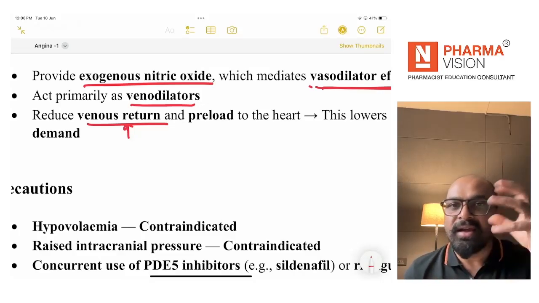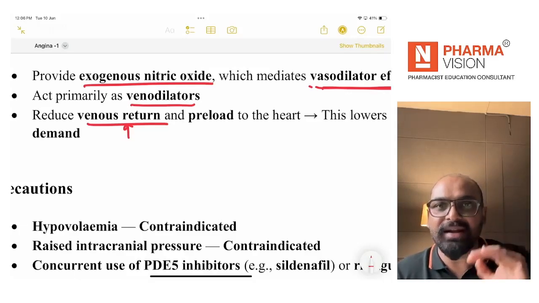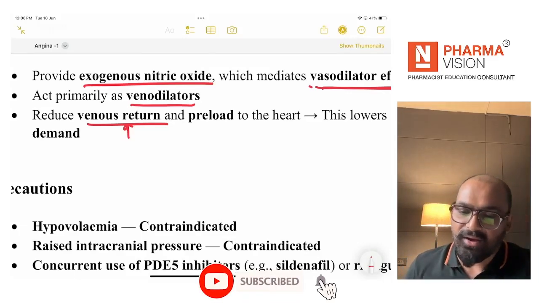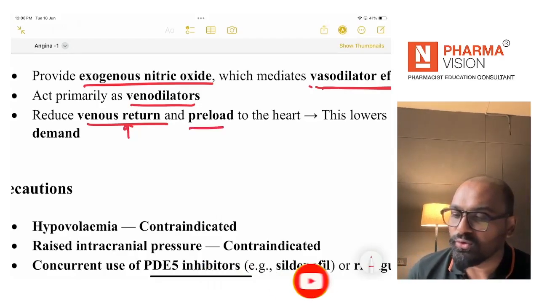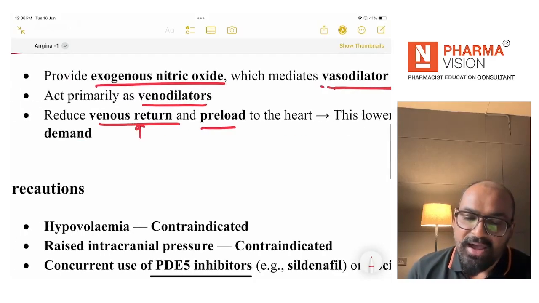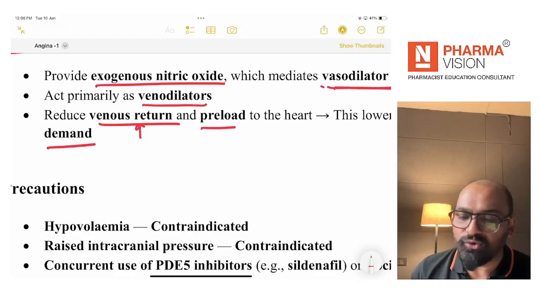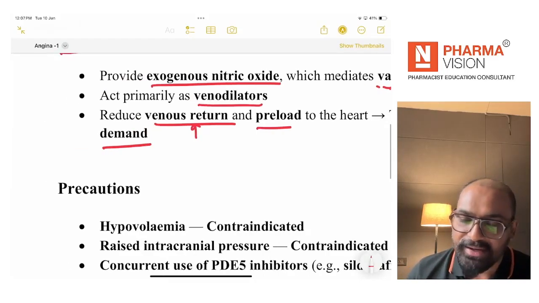So 1 liter less fluid reaches the heart, which decreases the heart strain, and that's called reducing the preload. This lowers the myocardial oxygen demand. These are the keywords. Once you understand the concepts, you just have to go through it, and within 5-10 minutes you will recollect everything.